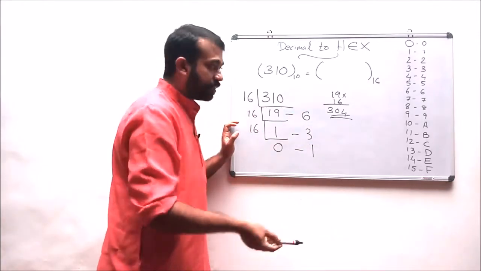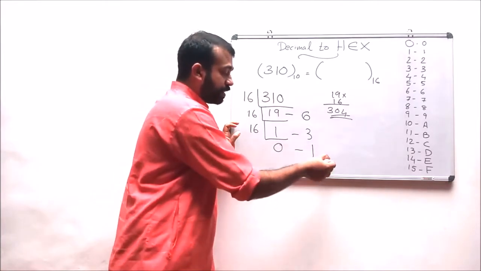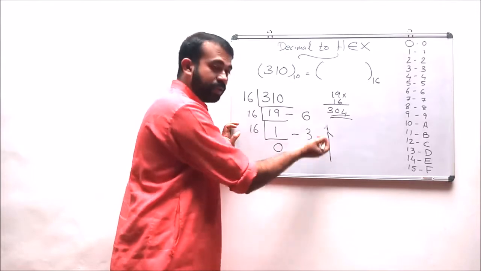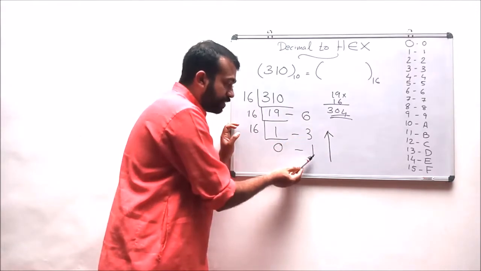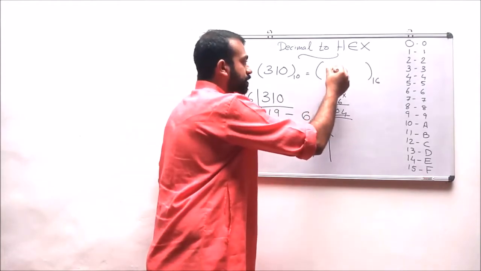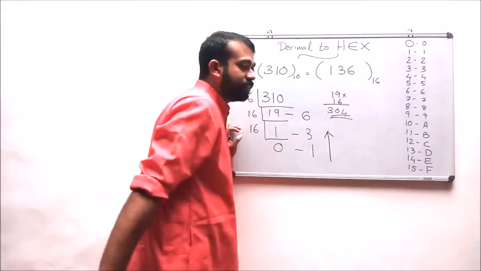So the decimal number 310 is equivalent to the hexadecimal number, where the order is taken from bottom to the top. So the equivalent of 310 is 136 to the base 16.